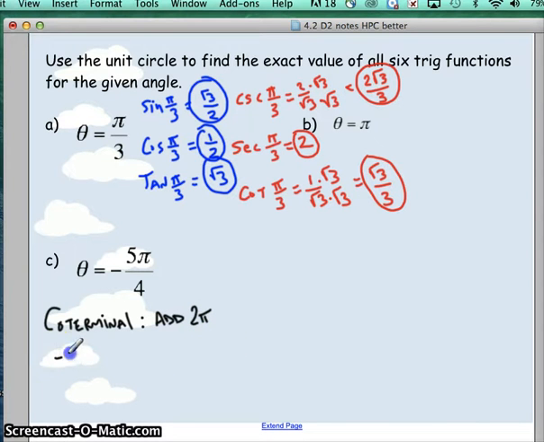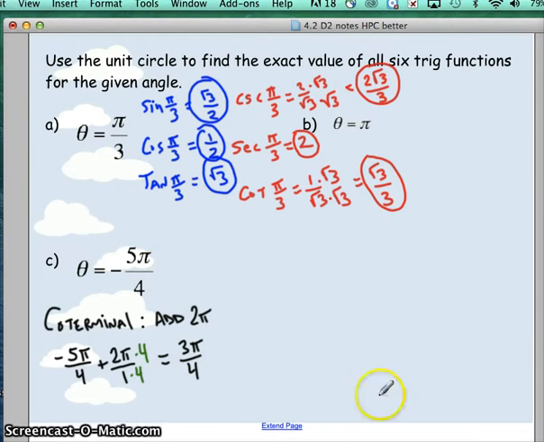So we would take negative 5 pi over 4 and add 2 pi. Well, technically that's 2 pi over 1, and I need a common denominator, so I have to multiply by 4. So that means I have negative 5 pi over 4 plus 8 pi over 4, which would end up equaling 3 pi over 4. That angle is on the unit circle sheet.